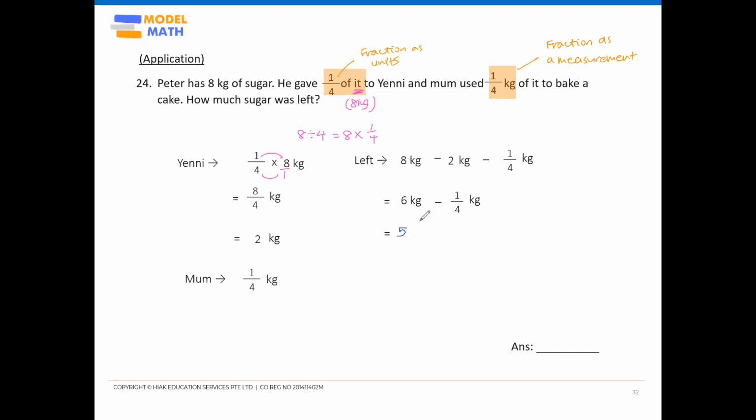And this 1 whole, you put it as a fraction here. So the 1 whole, you rewrite it as 4 out of 4, because here the denominator is 4, so I use denominator 4 also. And this one just bring down. Now I can safely use my mixed number to minus the fraction, which will give us 5 whole and 3 out of 4 kg. And that's it. This is my final answer. You're allowed to leave your answer as a fraction in this case, of course.